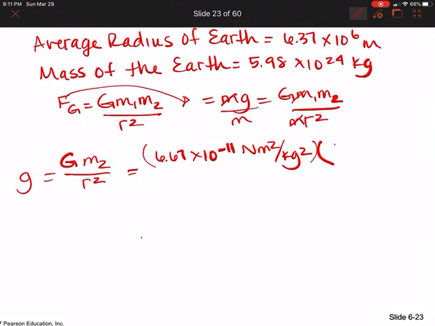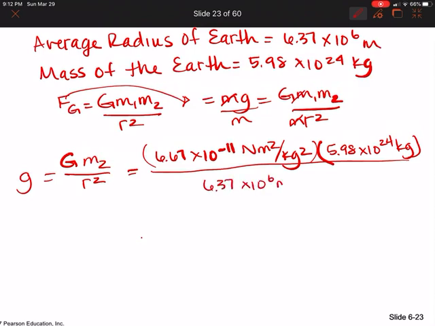So that's 5.98 times 10 to the 24th kilograms divided by the radius of the Earth, which we said to be 6.37 times 10 to the 6th meters. But we got to square that. So lots of exponents. Easily something that could be messed up on a calculator.